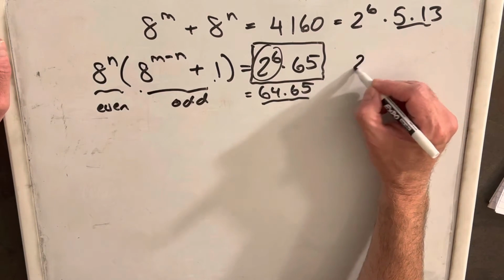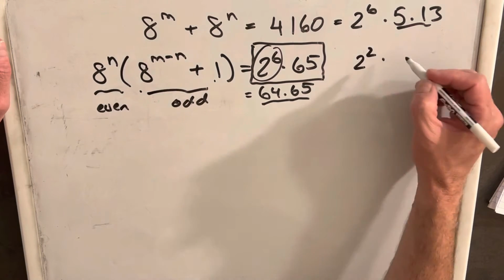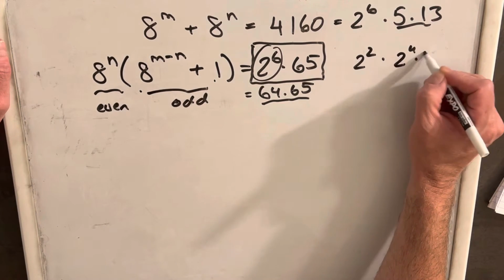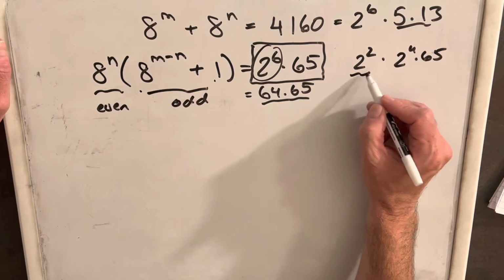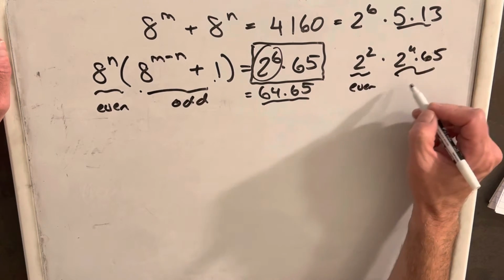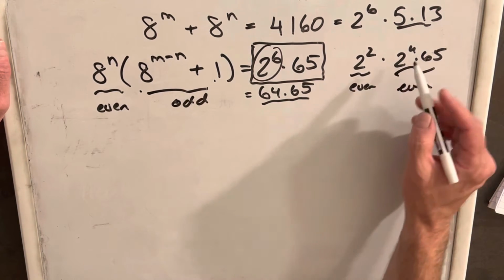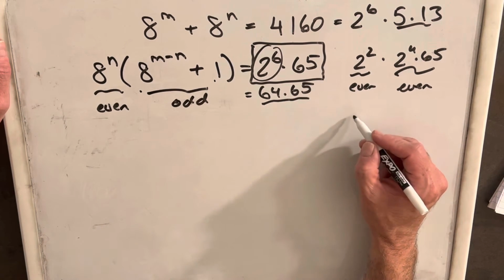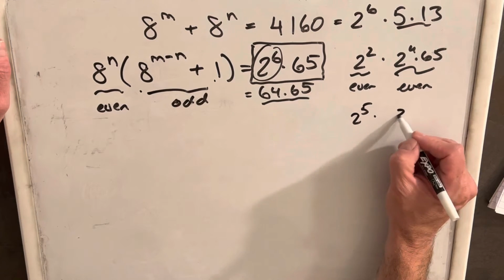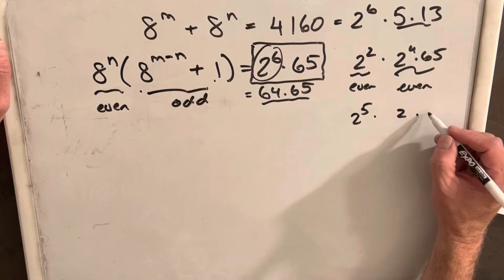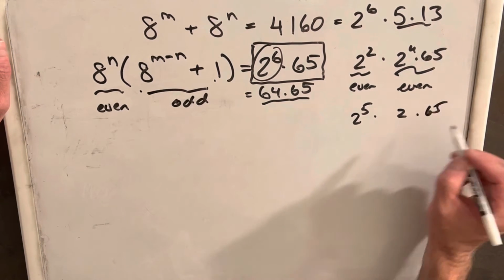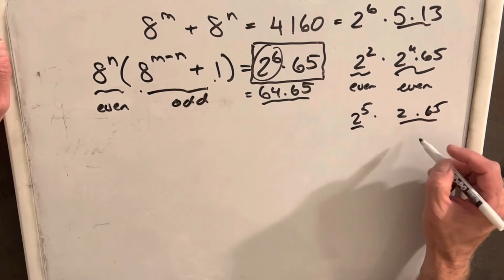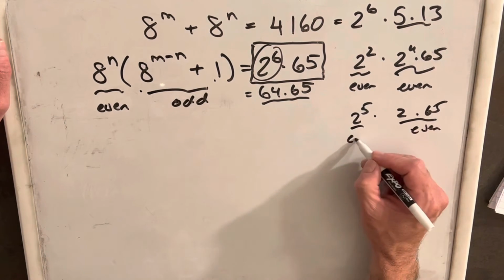Let's say we split it like 2 to the 2 times 2 to the 4th times 65, but now we have an even and an even. And however many 2's we decide to pull out of it, we could do this and just use one 2, and even times any number is always even. So by pulling a 2 out, we always end up with two evens.